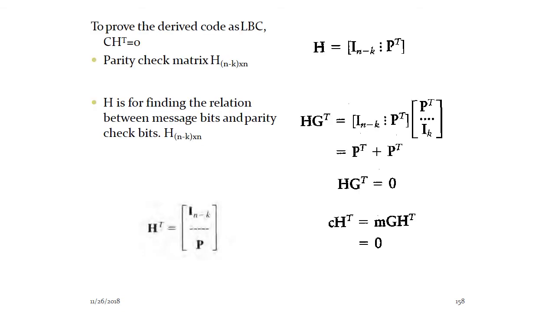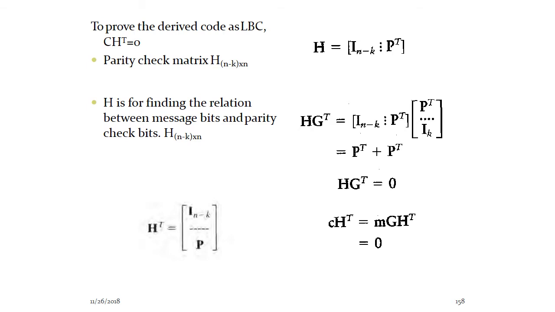To prove the derived code is an LBC, C H transpose is equal to 0. So H = [I(n-k) : P transpose]. The parity check matrix is H of size (n-k) cross n. H is for finding the relation between message bits and parity check bits.